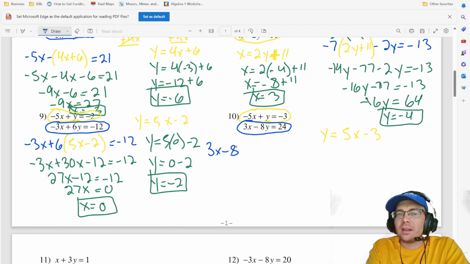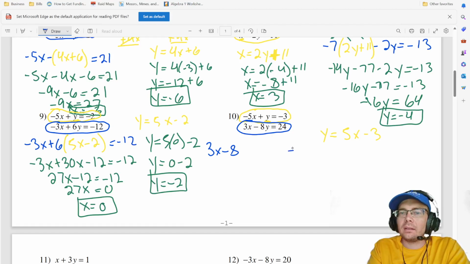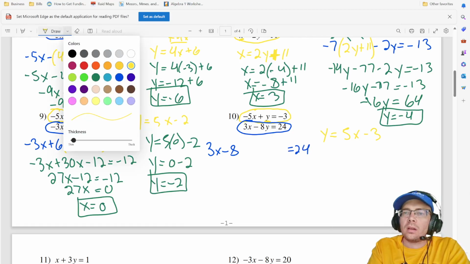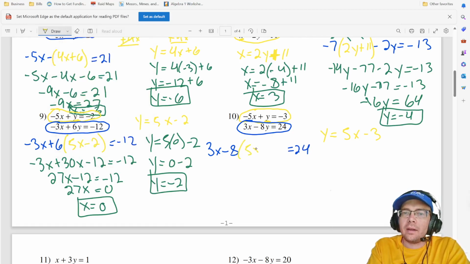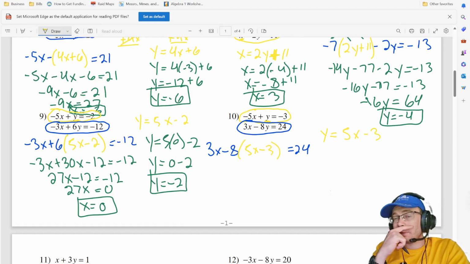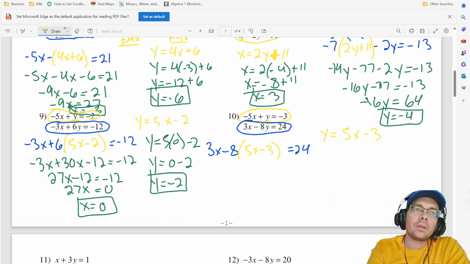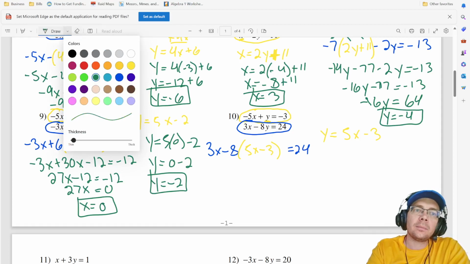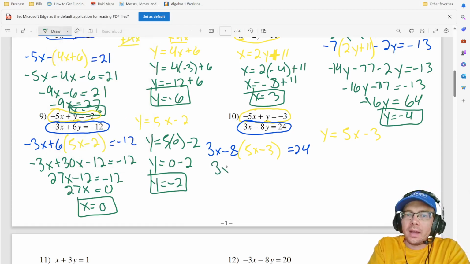All right, last one. So 3x minus 8, and then we want to plug in our y value, so I'll do that in a second, equal to 24. Okay, and then we've got 5x minus 3 that goes in place of the y. Blue and yellow make green. So then I've got 3x minus 40x plus 24 equals 24.